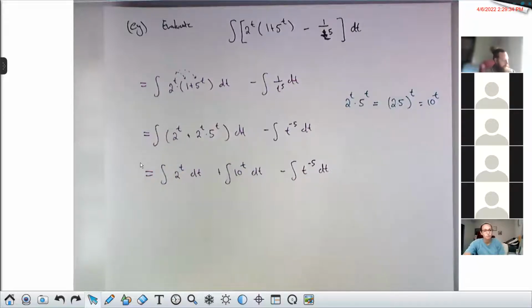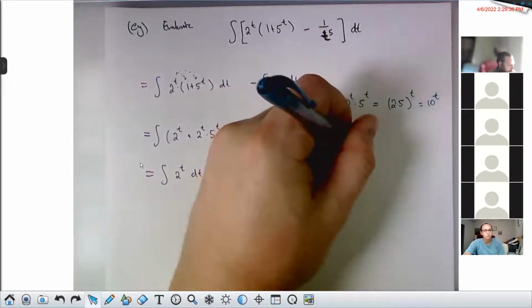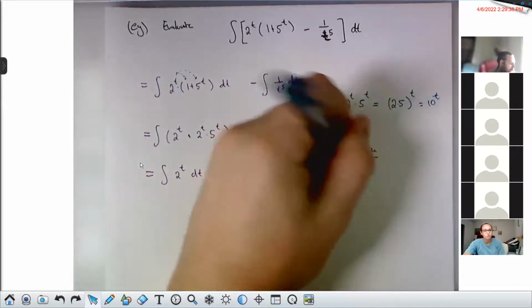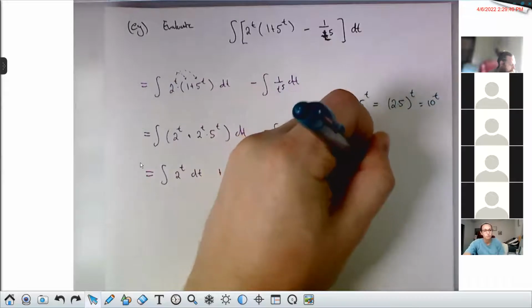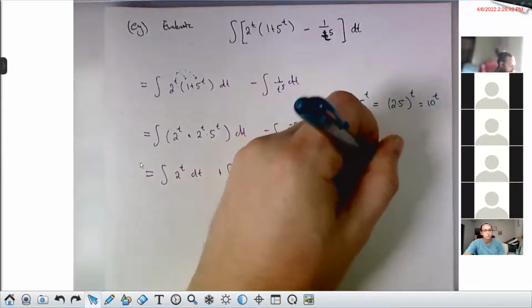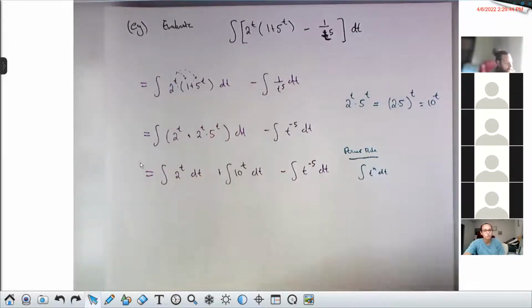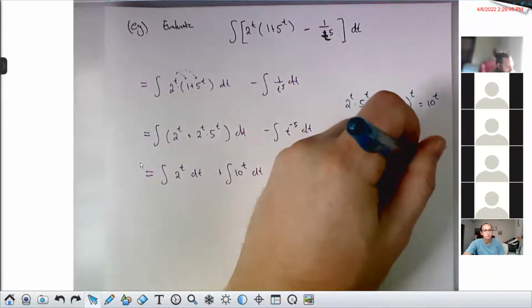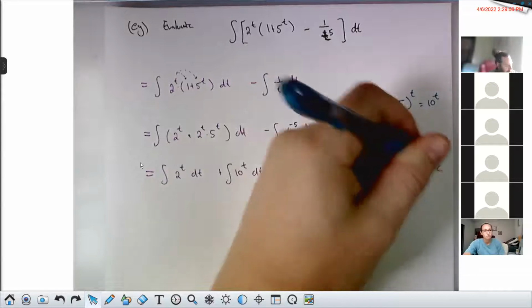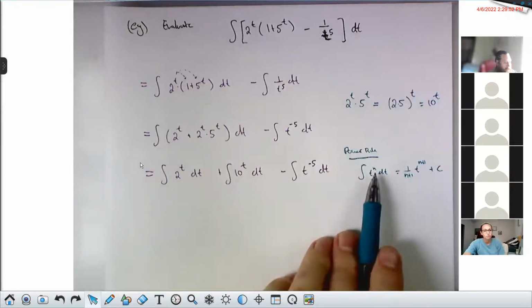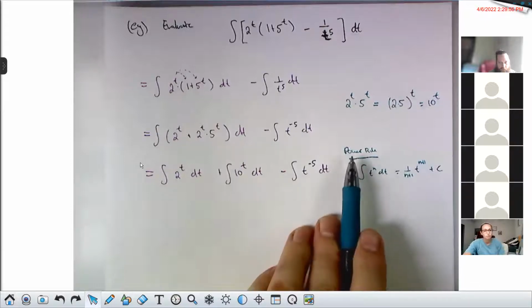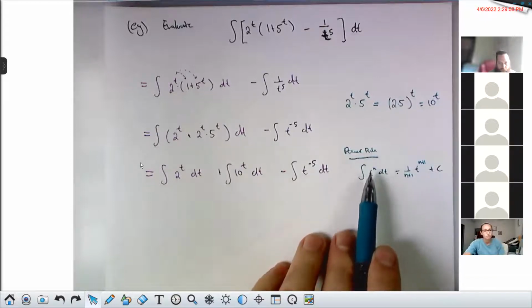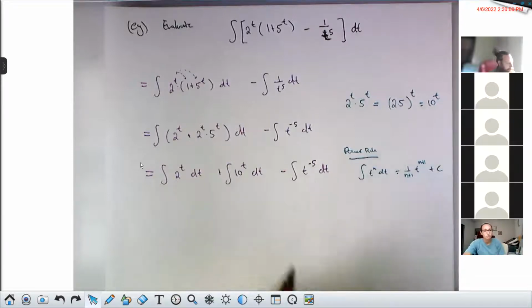So the power rule says, I've used it many times, but this says that t to the n, if you integrate that dt, would be 1 over n plus 1 times t to the n plus 1 plus c. But the power here has to be a constant, and the base has to be your variable. In other words, this applies to power functions, things like x squared, x cubed, and so on.